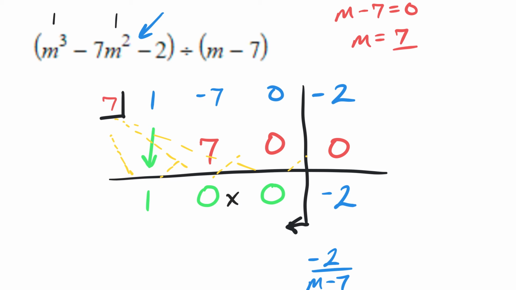So this is going to be 0x. Then this is going to be 1x squared. So what we end up having on all of that is x squared plus no x, so we don't write it, no constant, so we don't write it, and then negative 2 over m minus 7.